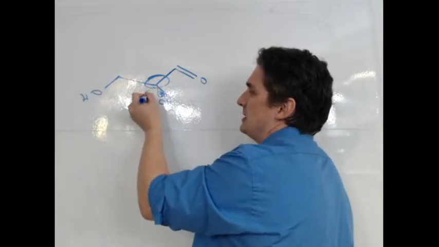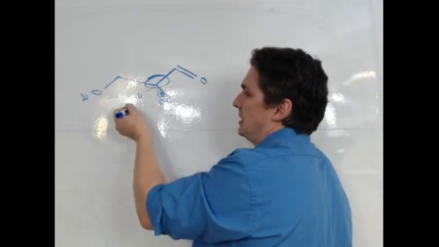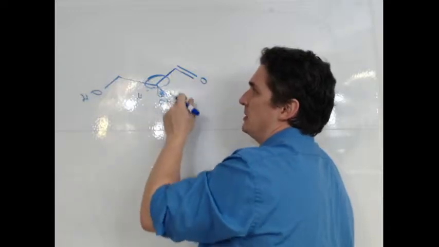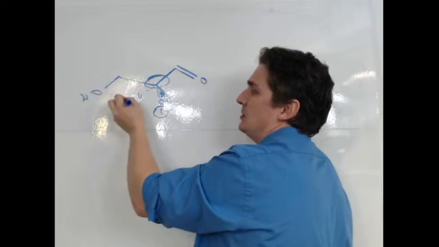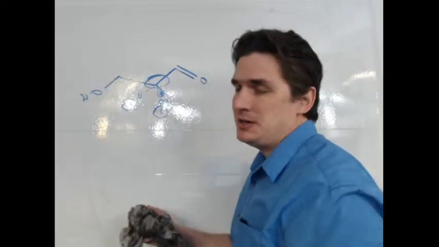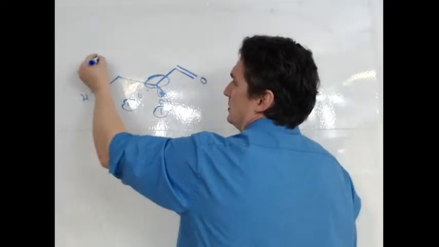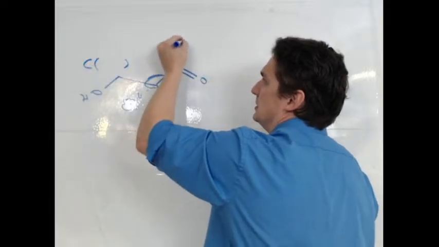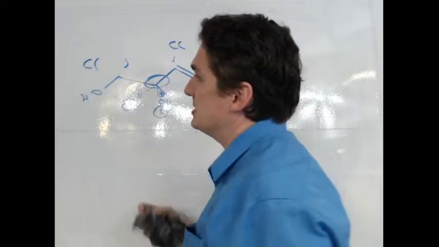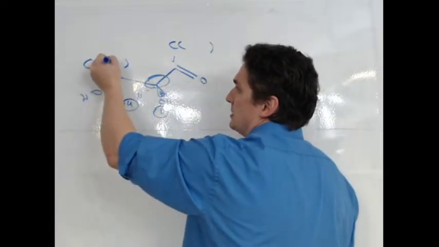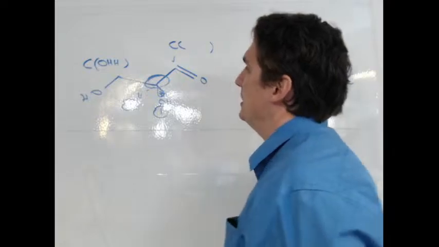In terms of what's bound to that carbon, we've got a hydrogen and an oxygen. So the oxygen is a higher atomic weight than both the carbons and the hydrogen, so this ends up being top priority. Hydrogen is the lowest. And if we want to figure out the priority of this one, or this one, we're going to look at what it's bound to. So it's bound to 2 hydrogens and an oxygen. Oxygen is the highest atomic weight, so we'll put oxygen first and our 2 hydrogens.